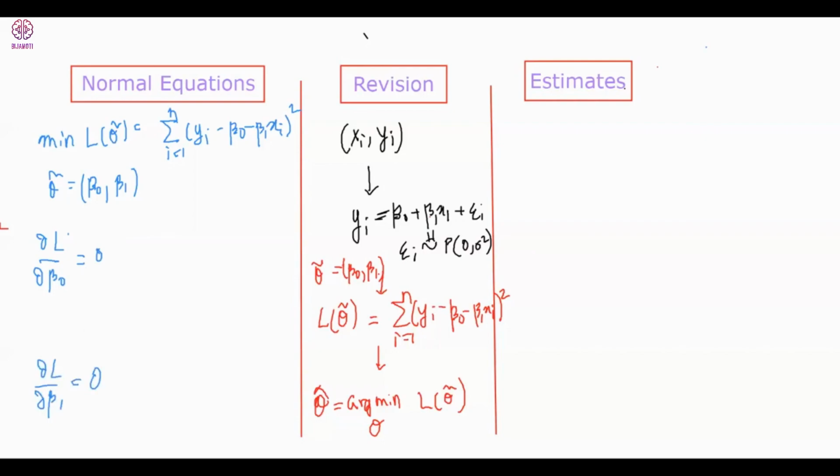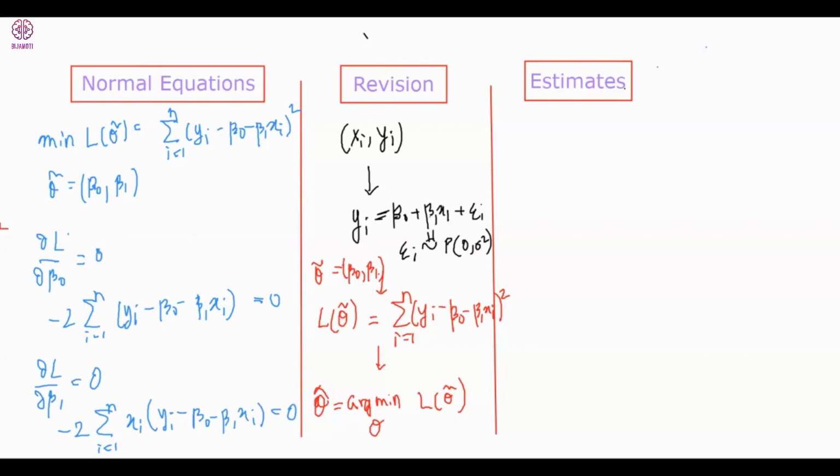From del L del beta naught, we get minus 2 summation from 1 to n of yi minus beta naught minus beta 1 xi equal to 0. And from del L del beta 1, we get minus 2 summation from 1 to n of xi times yi minus beta naught minus beta 1 xi equal to 0.